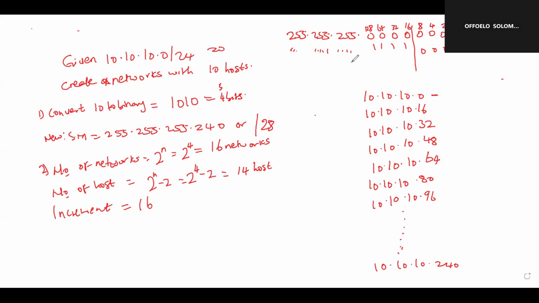You mean like the next one? This is the first network, we're trying to get the range of the network. Give me the range. It's going to be 10.10.10.1 to 10.10.10.15. Do you understand how we got 15, T1?